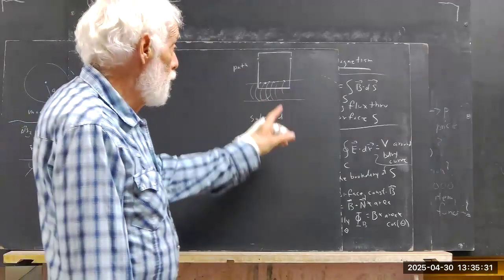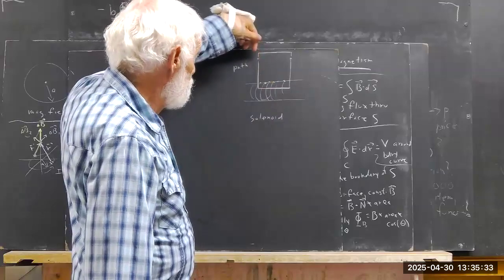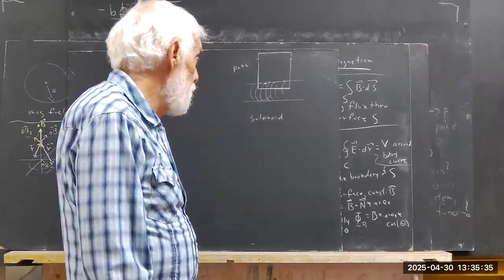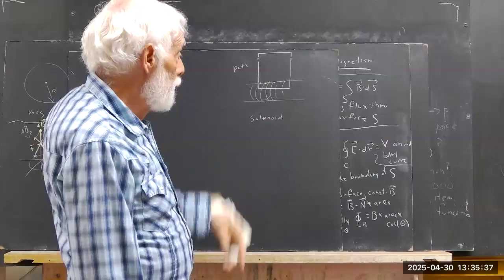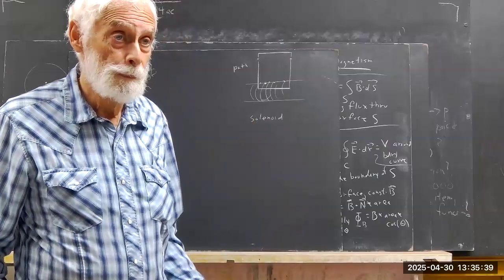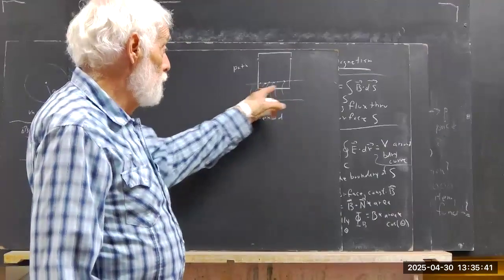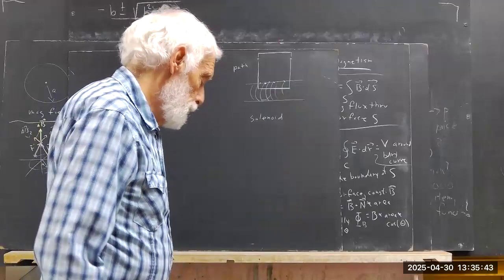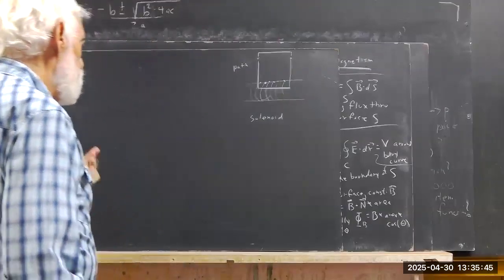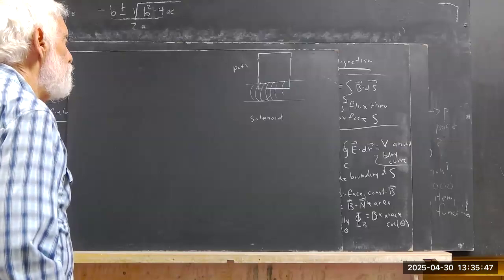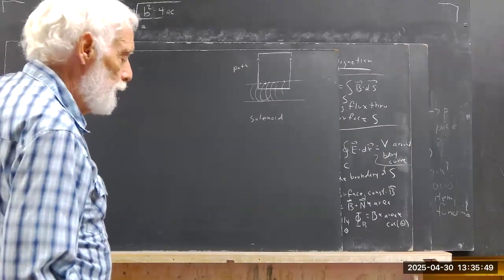Along this part, it's equal and opposite to what it is along this part. This part is so far away, you have essentially no field. So that's for a solenoid.